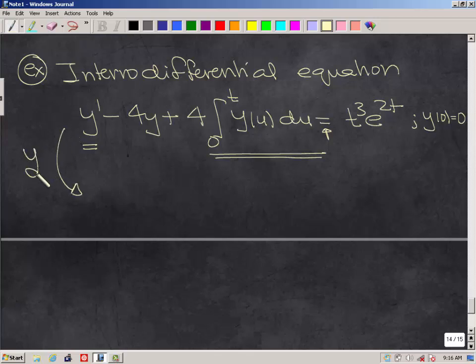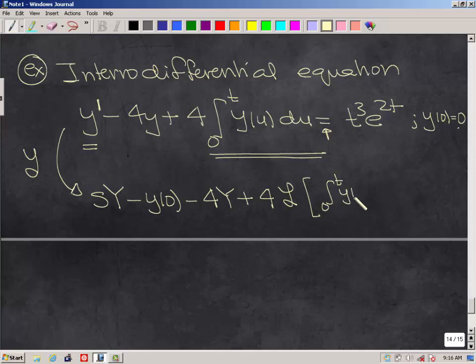So we're going to transform this. We have only one derivative, not two here. So in this case, we'll get s times big Y minus y of 0. Y of 0 is 0, but I'll write it down, y of 0, minus 4 times big Y plus 4 times the Laplace of this function, the integral from 0 to t of y of u du, is equal to the Laplace of this.